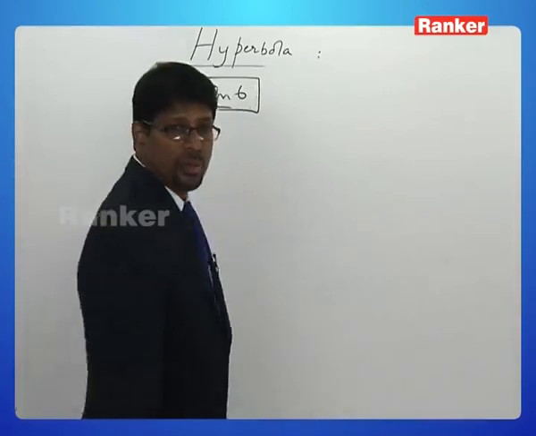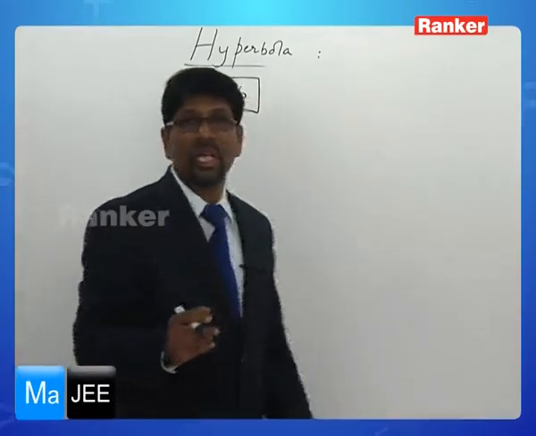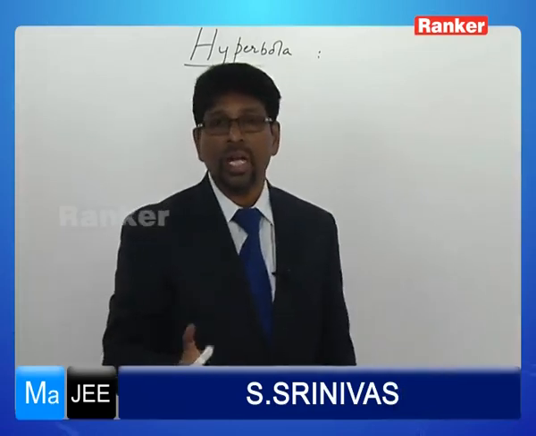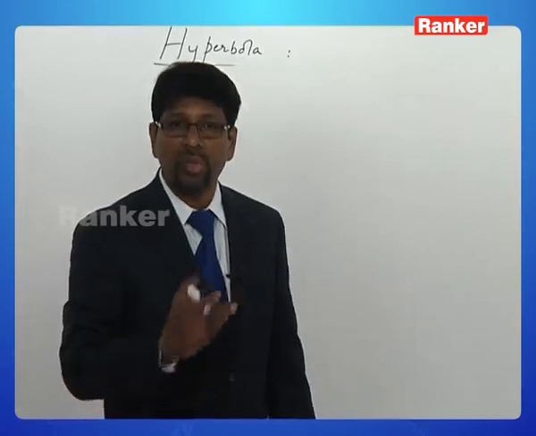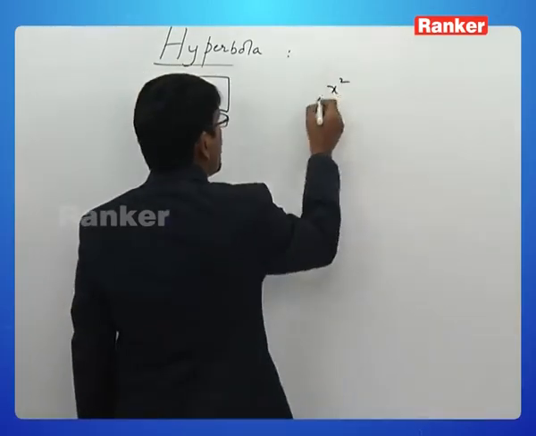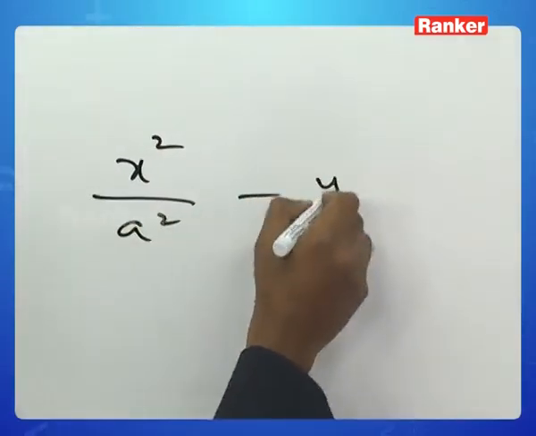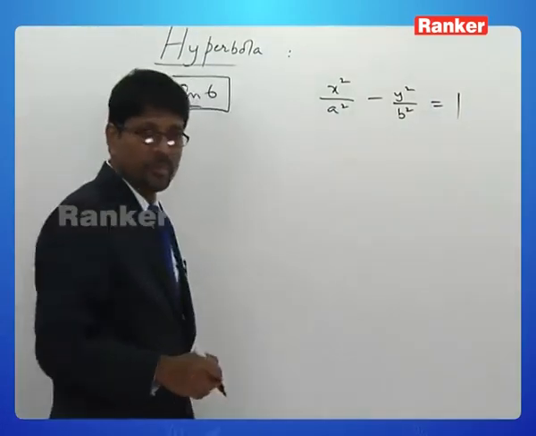Now, let's move on here. In all the 4 options we see, they have the transverse and conjugate axis along the coordinate axis. So let us assume that the equation of the hyperbola is of the form x square by a square minus y square by b square is equal to 1.